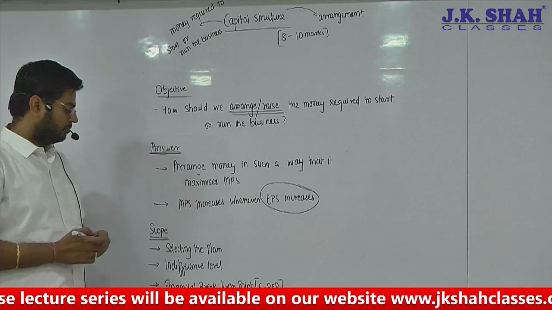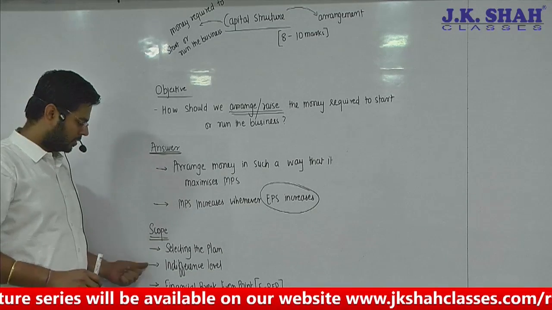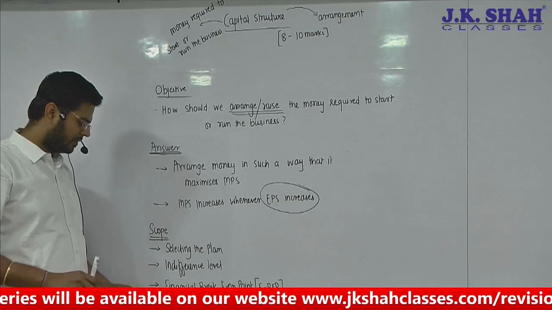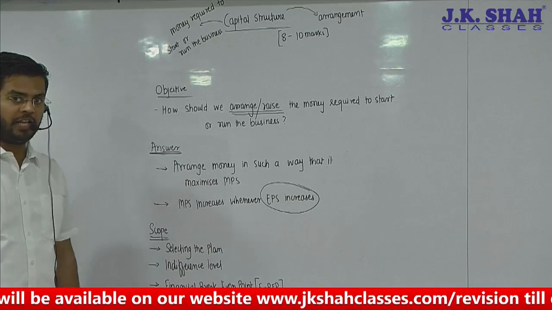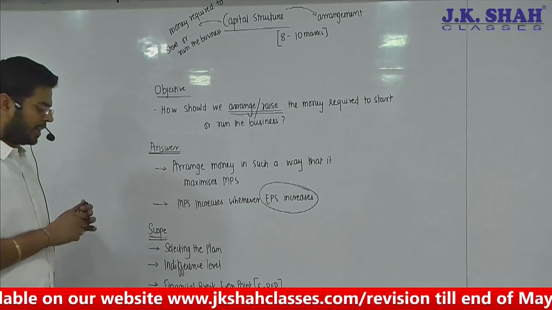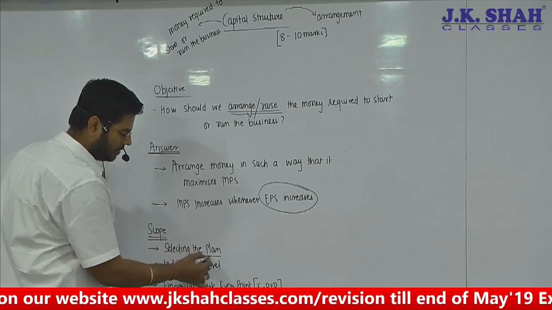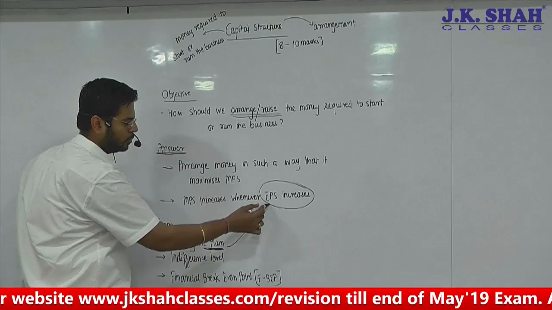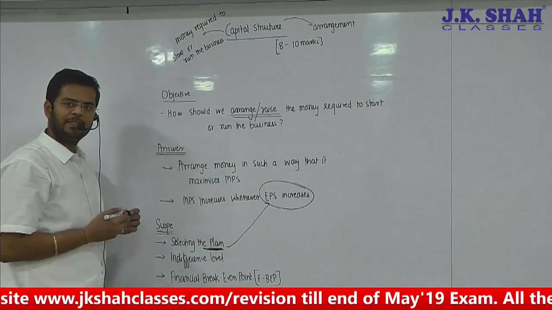Okay, so scope: select the plan, calculate something called indifference level, and financial break-even point, that is nothing but the FBEP. But keep in the back of your mind that while selecting the plan, my objective has to be to increase the EPS. That's it.